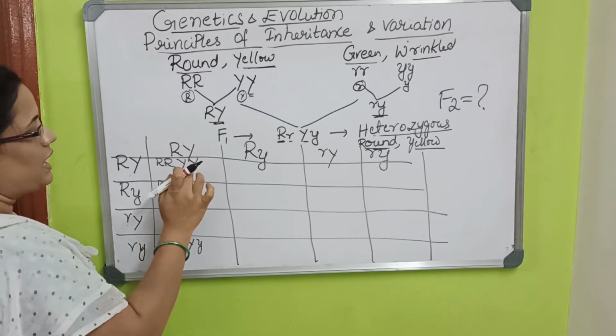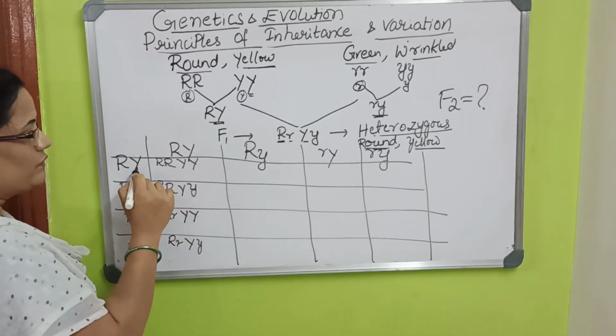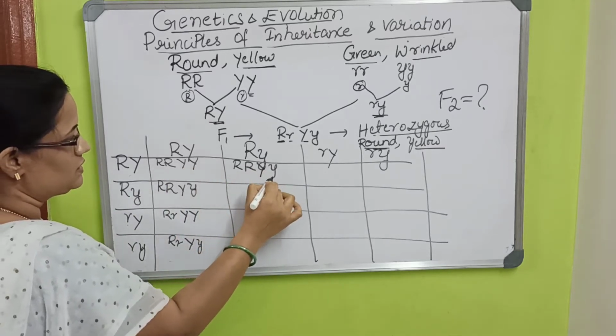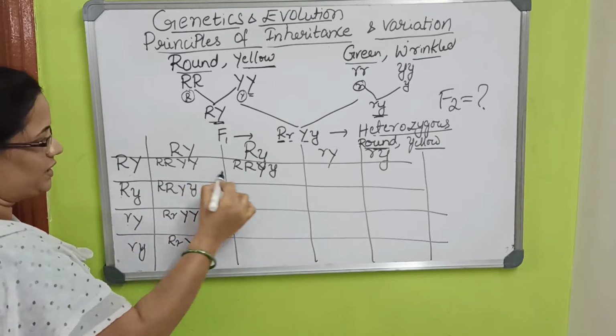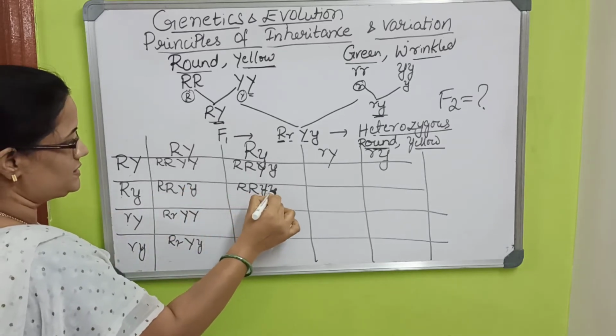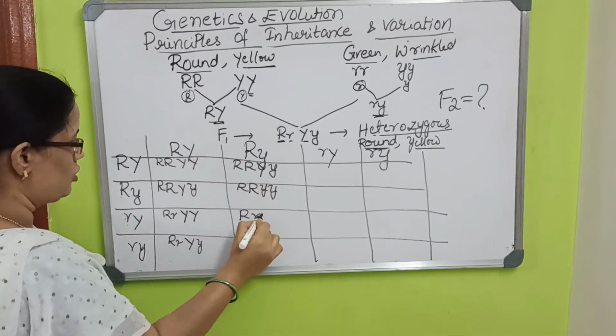I am writing the phenotypes which are present. When they are doing the same thing, this one with those, this one is coming. Then capital R and capital R and small y's are coming. Even here capital R and small r.